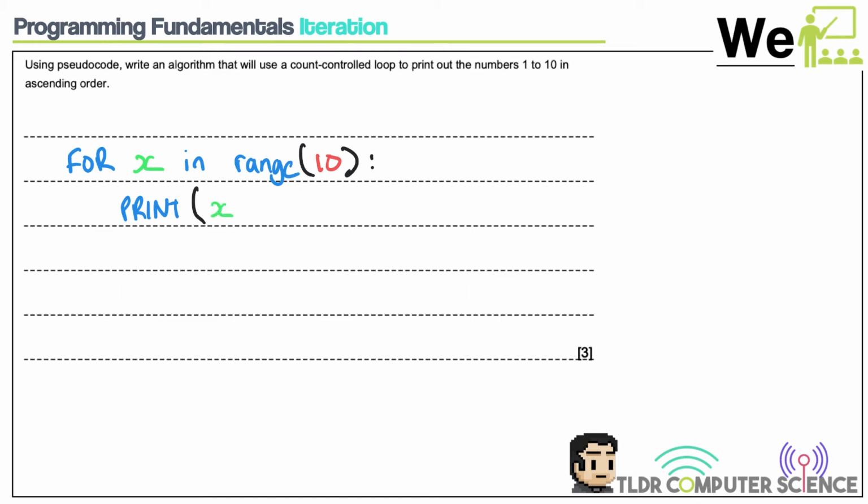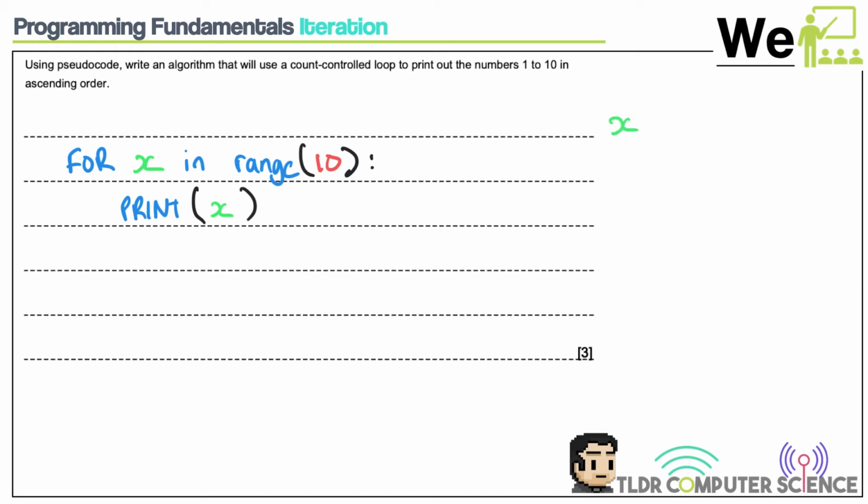Now, I'm going to pause for a moment for you to think, but can you see why this won't do quite what you want it to do? You want it to print out numbers 1 to 10. What will this do? So, x in range 10, this is what it will do.